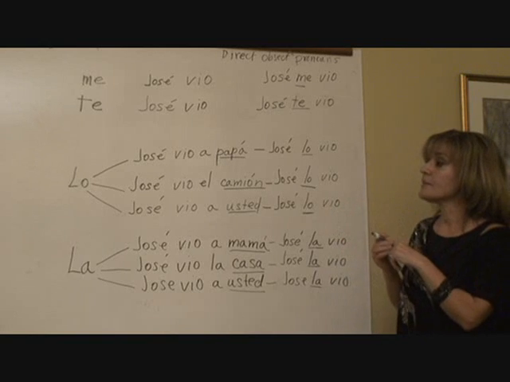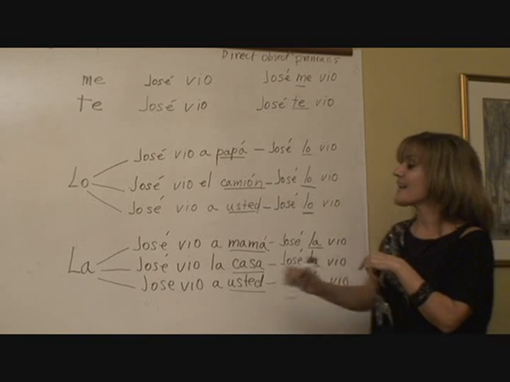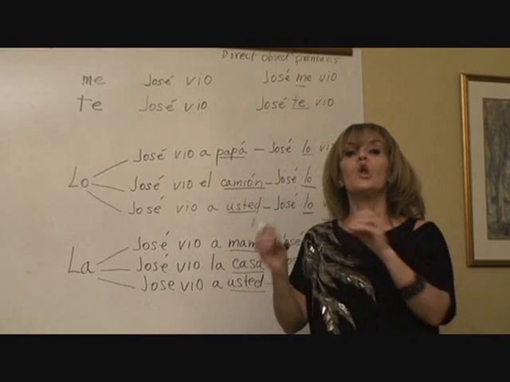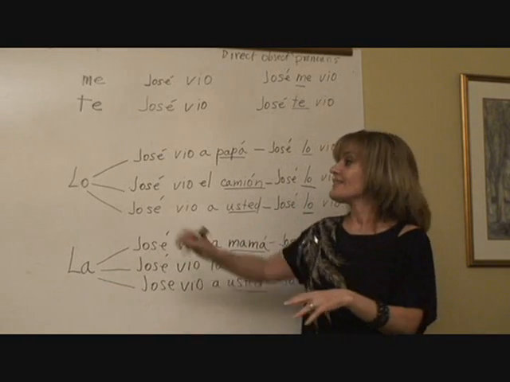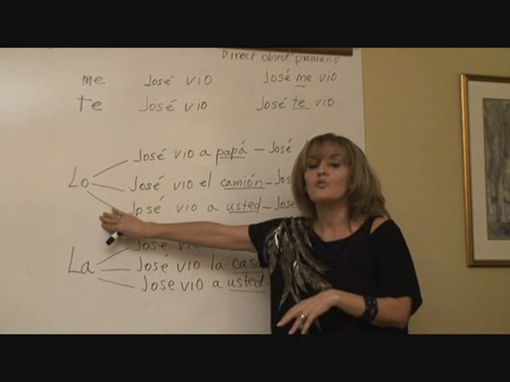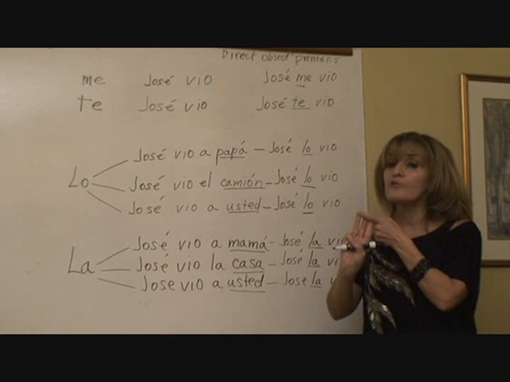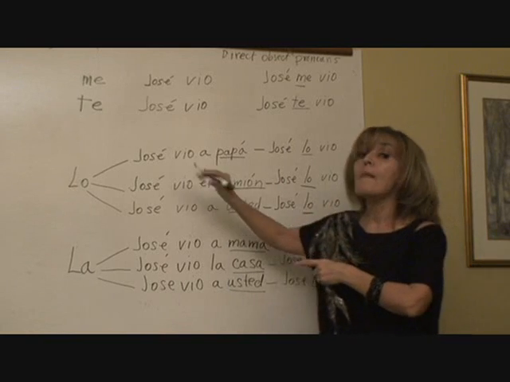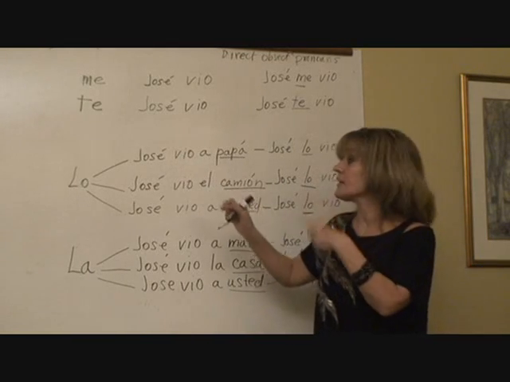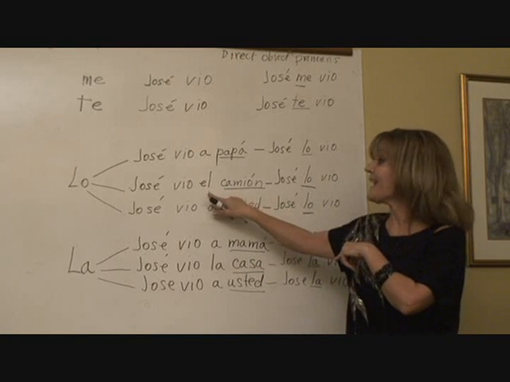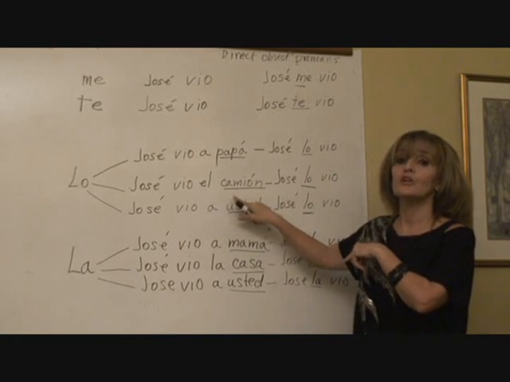The next direct object pronoun is la. The only difference between lo and la is that lo, of course, is used for the third person singular and usted, but masculine, including it, because camión here, el camión, is a masculine word.